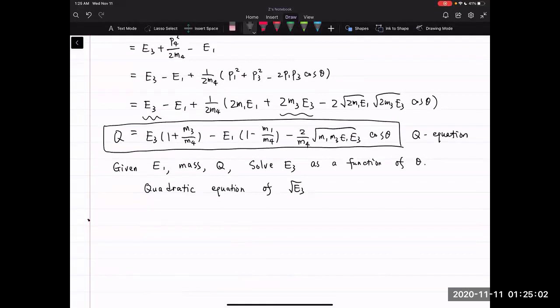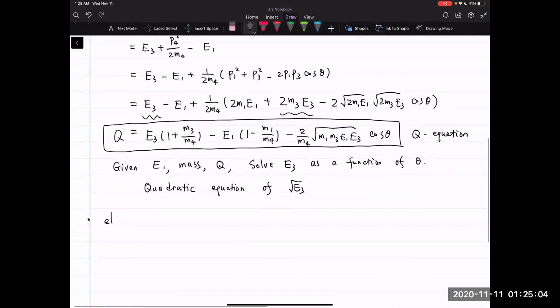In the case of elastic scattering, let us look at that now. What do we mean by elastic scattering? It is saying there's no reaction, so Q is equal to 0. Let's make things even simpler. The mass M1 is the same as M3. It's just the mass of a neutron. Let's call that small m.